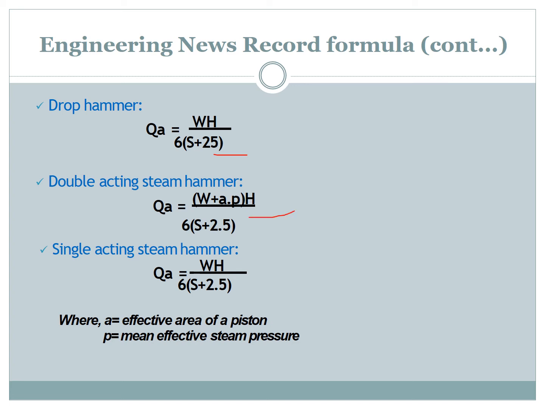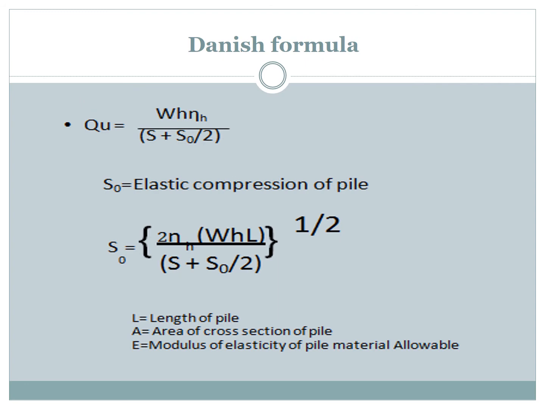will be modified, and the equation is (W + AP)H / 6(S + 2.5), where A is the effective area of piston and P is the mean effective steam pressure. Next, the Danish formula.